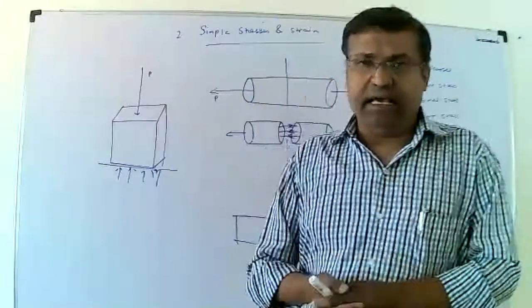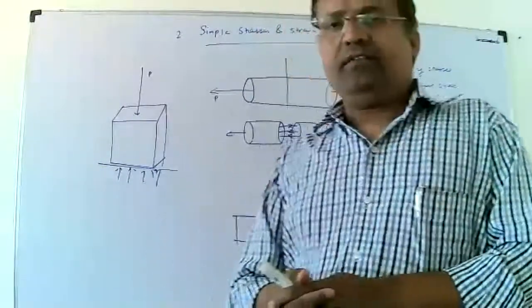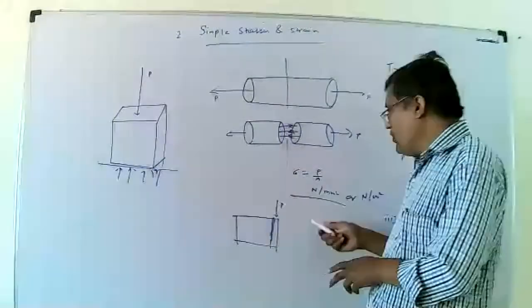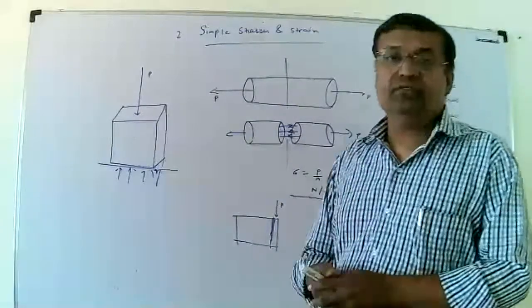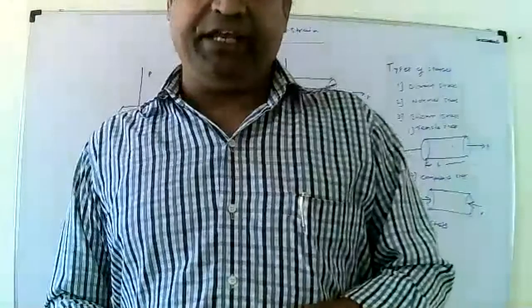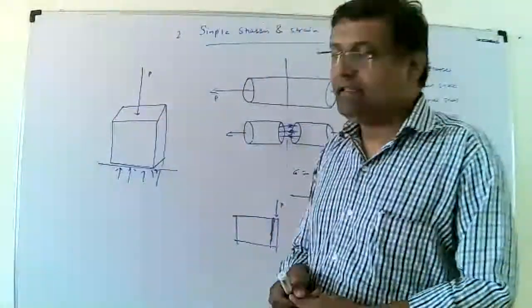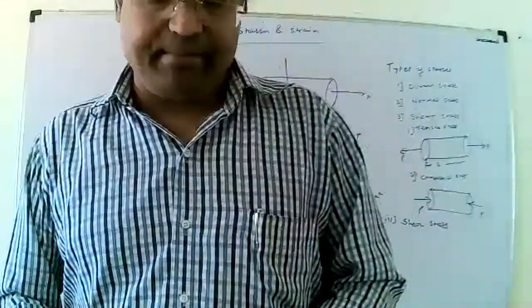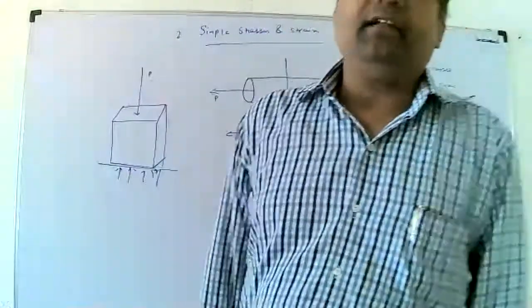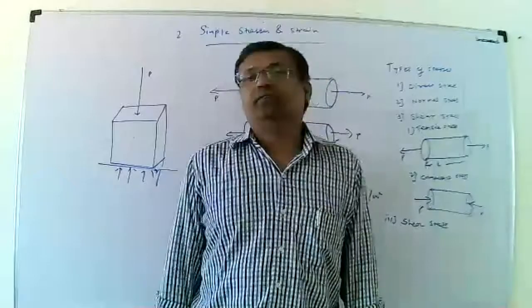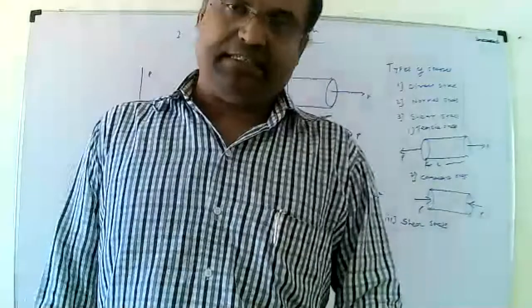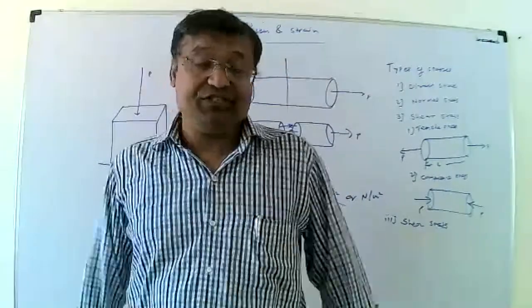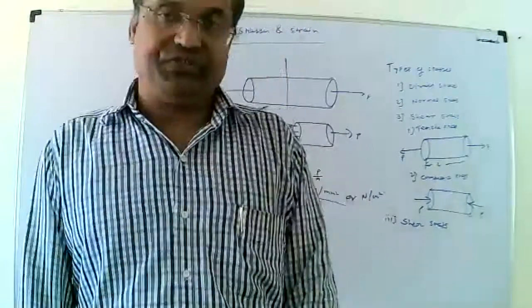Shearing stress is defined as the stress induced when shearing occurs between two cross-sectional surface areas. Those are the types of simple stresses: direct stress, normal stress, and shear stress.